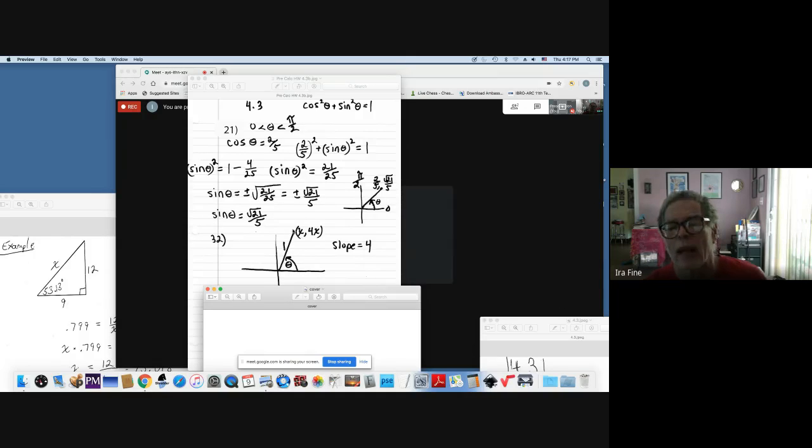Now, remember what I told you. The slope is another way of thinking about the tangent, right? Because slope is rise over run. But again, if you're looking at the right triangle here, the rise is the y, the run is the x, right? So now this is the key step here.